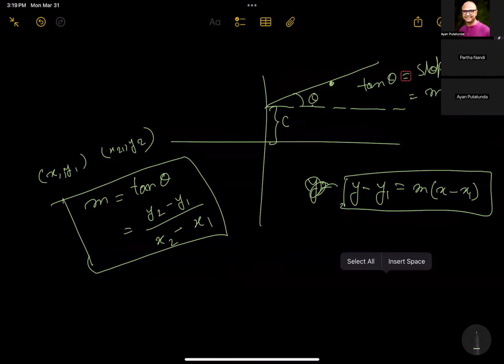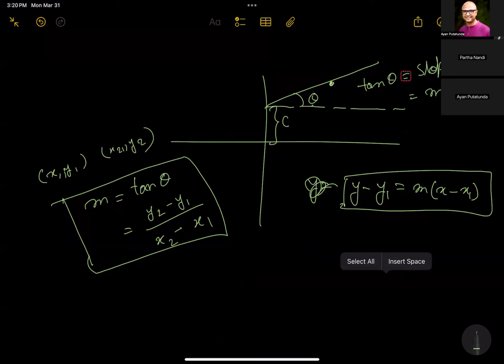Slope is a measure of how much angular distance the line is making with the axis. To tell you in a better way, slope can be positive, slope can be negative.